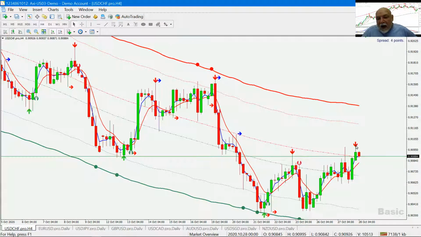Now I got an alert, but that alert does not come immediately after or simultaneously with a channel dot. So we don't have a channel dot with this alert. So this alert means the price is going to pull back a little bit, and that's all it is.